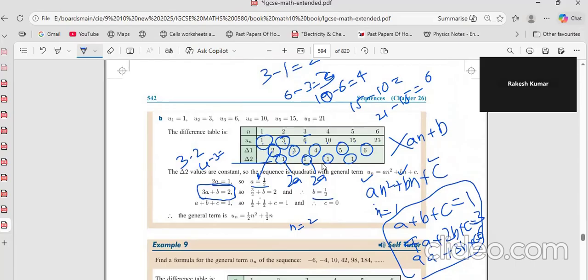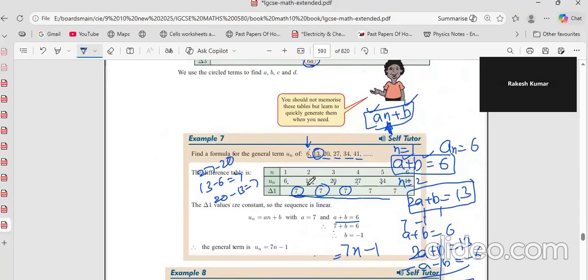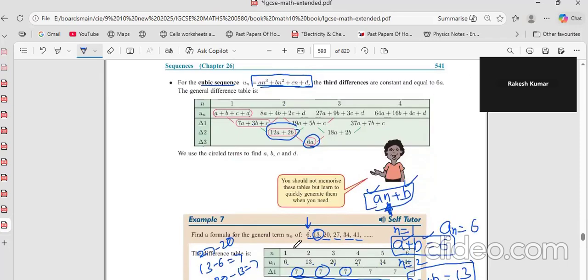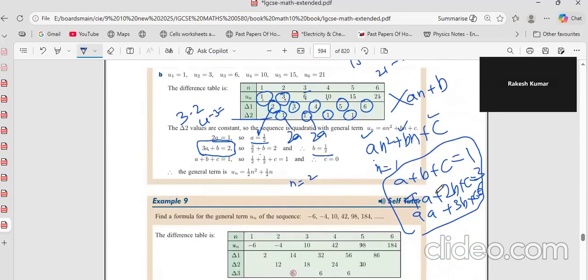So I've also got b. What I'm doing is matching these differences with the table and then I'm getting a, b and c. Or you can do this simultaneously also.